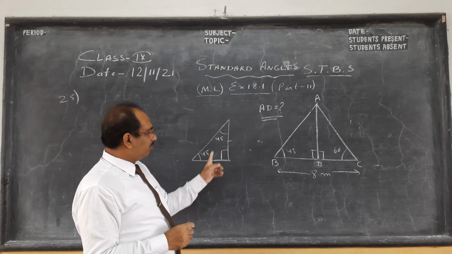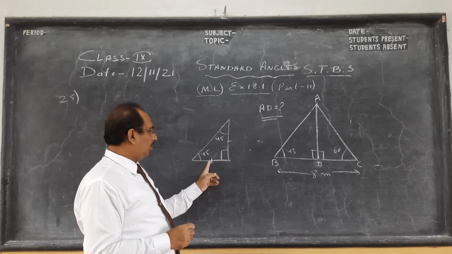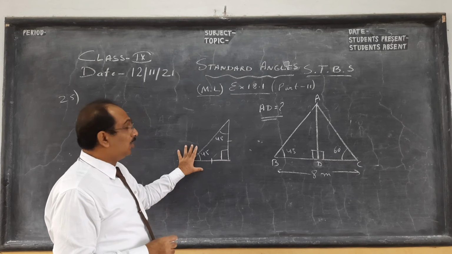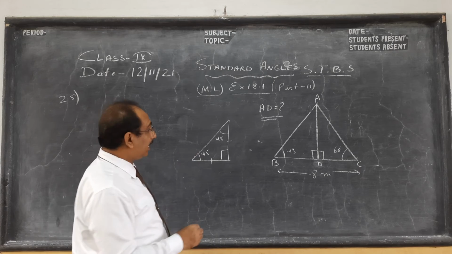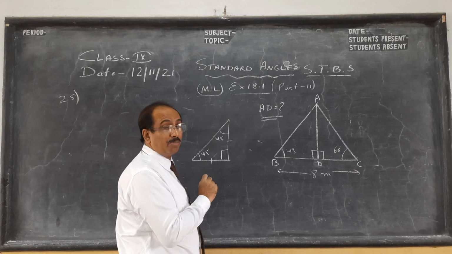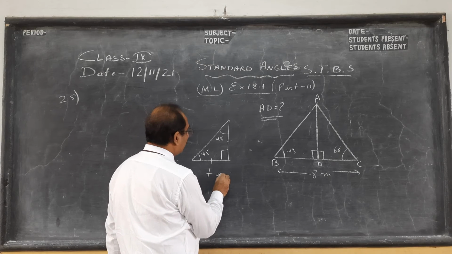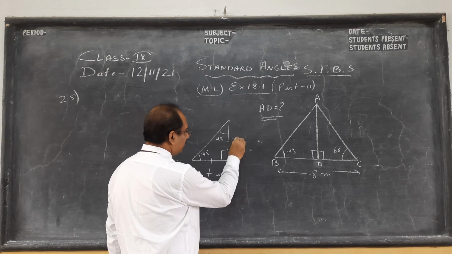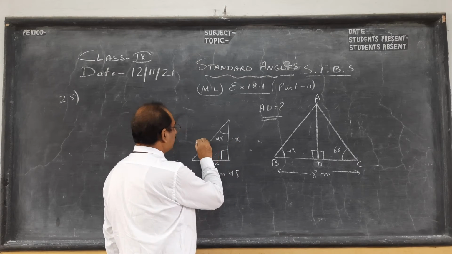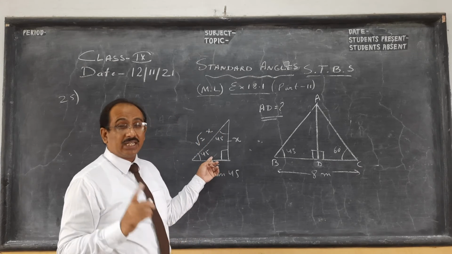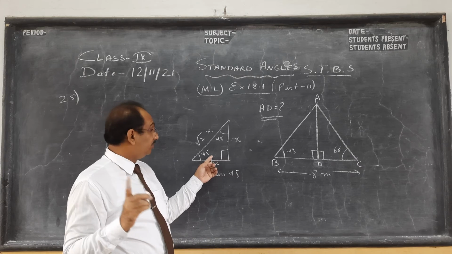Sides opposite to equal angles are equal, or angles opposite to equal sides are equal. So these two sides are equal. I taught you the isosceles right angle triangle in video part 6, standard angle, about tan of 45 degree. If this is x, by Pythagoras theorem this is root 2 x. So remember my standard angle explanation, I think the very first part 6 video.